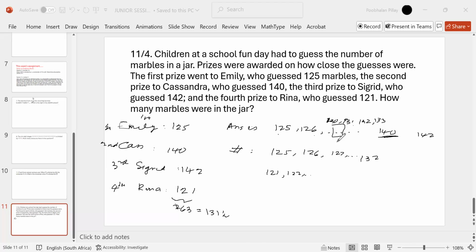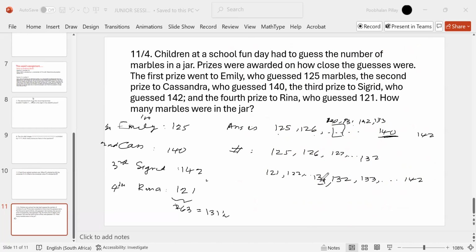Okay, so the answer would be 131. Let's look at this. 132, 133, going all the way up to 142, right? And she is closer to the answer than Sigrid or Rena, who guessed 121. So if this was the answer, then 10 and 11.